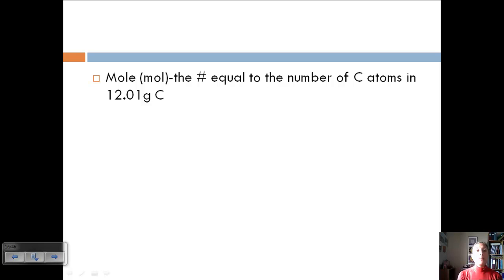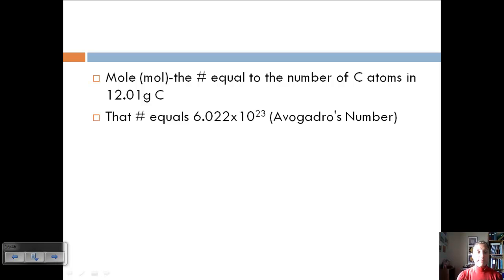Okay, and so this brings up the mole. To abbreviate mole, we just use MOL, so we're just dropping the E. The mole is the number equal to the number of carbon atoms in 12.01 grams of carbon. We just use carbon as our base measurement to define the mole.